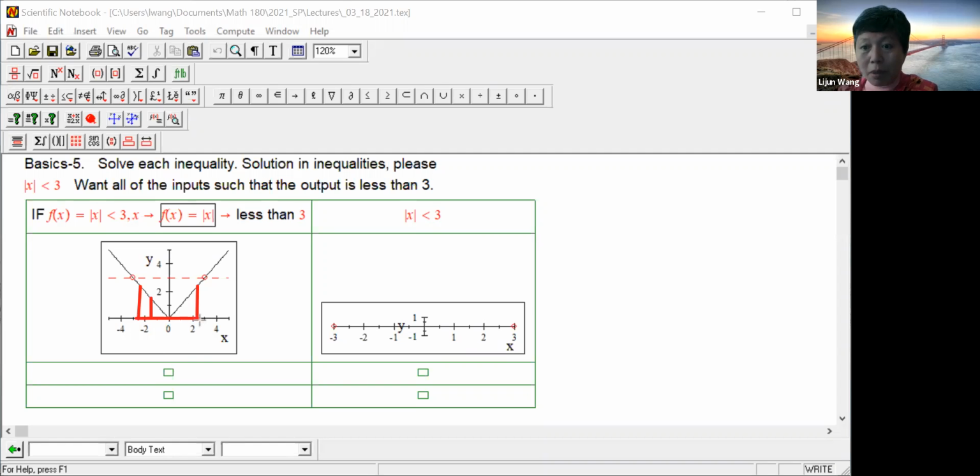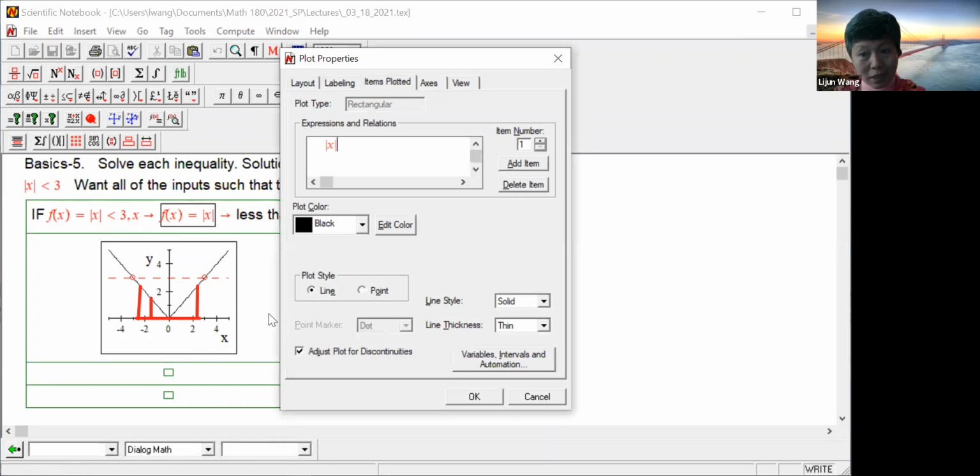Between -3 and +3, that's right. Does everybody follow me? And how do we express it mathematically? So you understand the meaning. That's important. That's an important beginning.